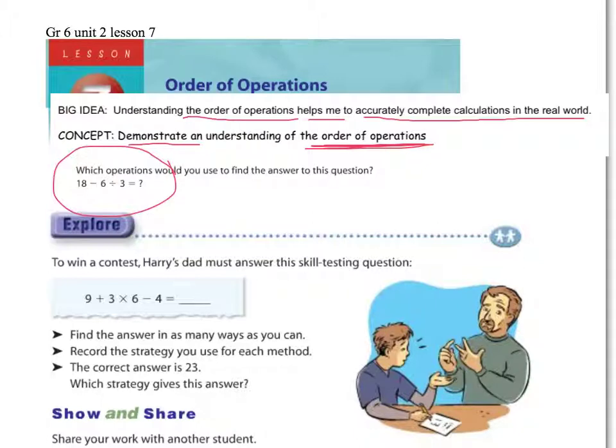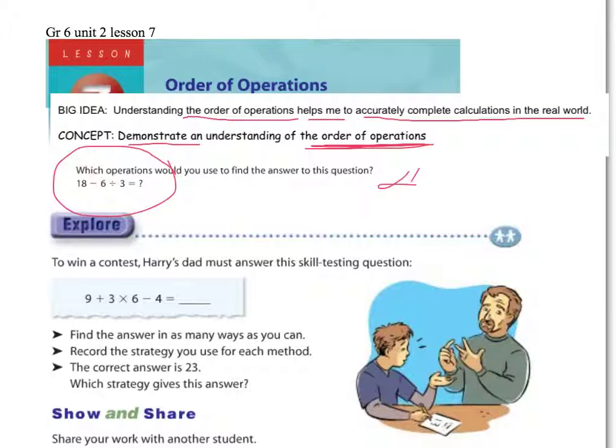And really, we know with math equations, when we're doing an actual equation, there's only one right answer. There's many ways that we can get to it sometimes, but there's always only one right answer. So, for example, if we were to look at this, 18 minus 6, which would equal 12, then divided by 3, that would equal 4.